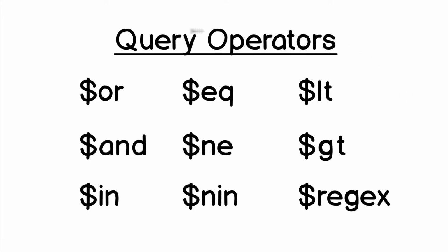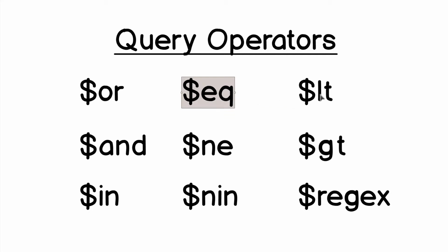There are many different query operators that can be used in the queries, and here you see some examples of them. You see that each operator is prepended by a $ sign, and that is a signal for the MongoDB shell that you use a query operator instead of just a field name.